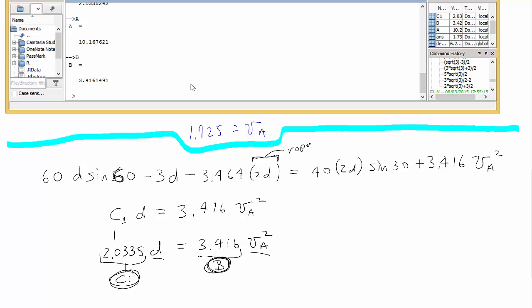So look at D from 0.01 to, say, 20. And then I want to do my velocity equals the square root of C1 divided by B times D. Then I want to do a plot of D versus V.